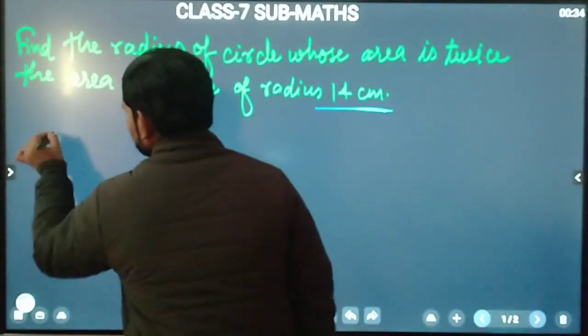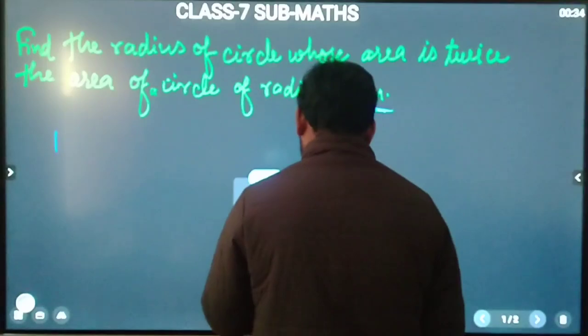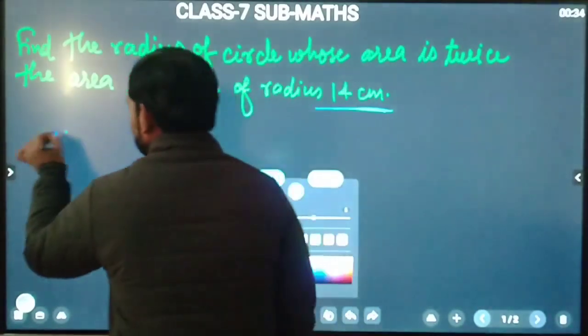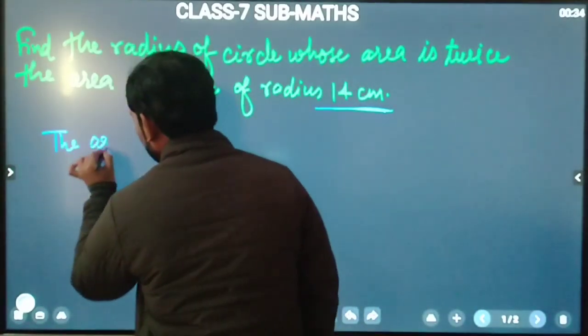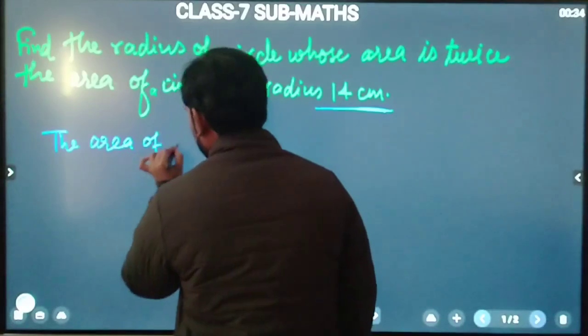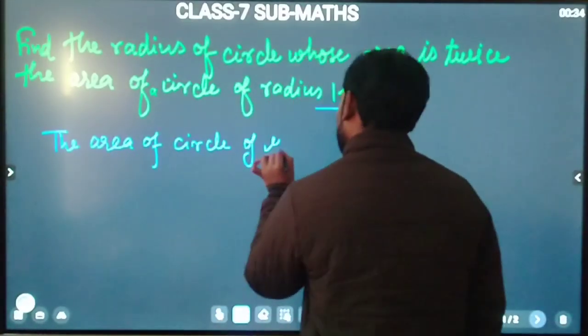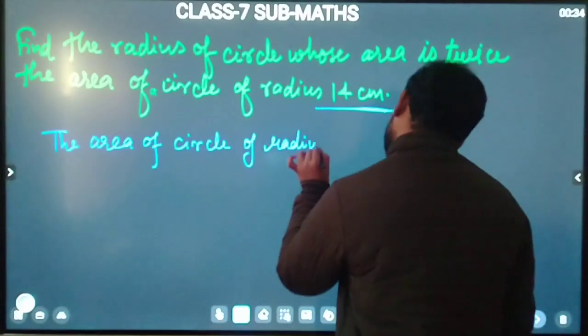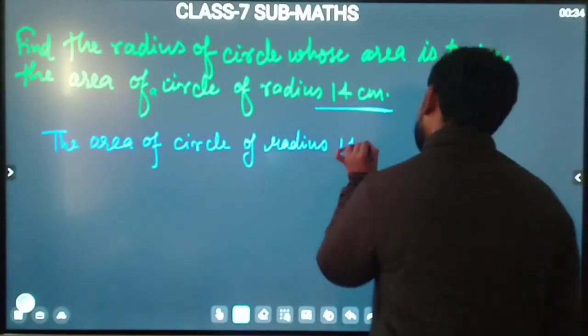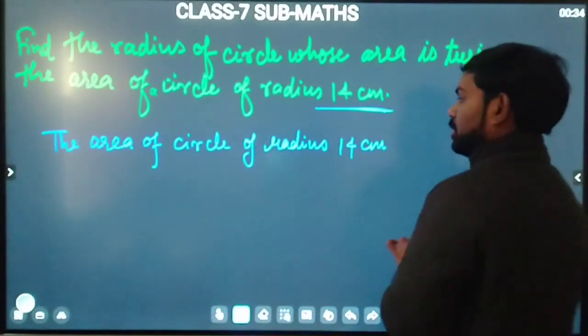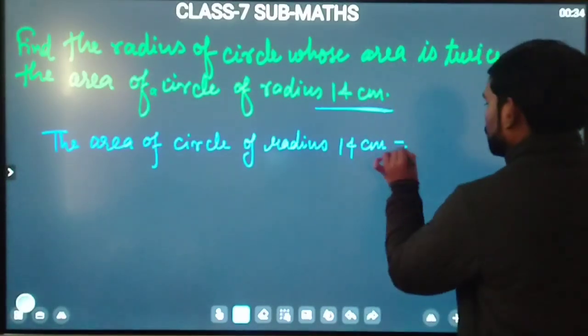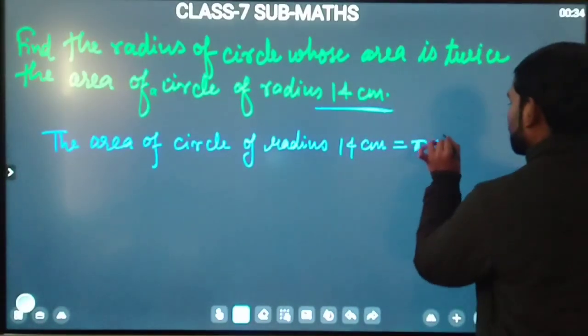So here we write the area of circle of radius 14 centimeter is equal to pi r square.